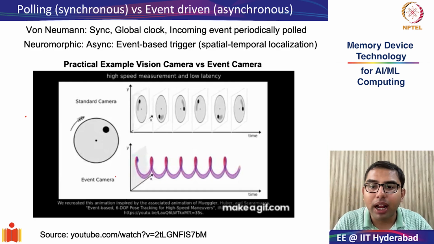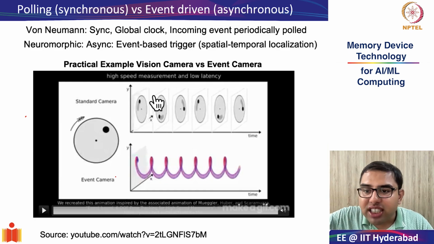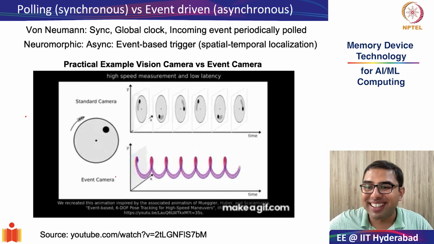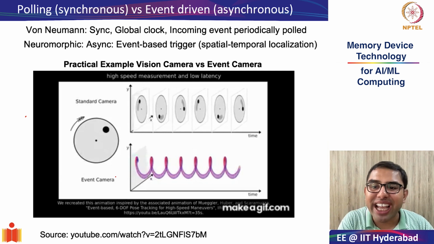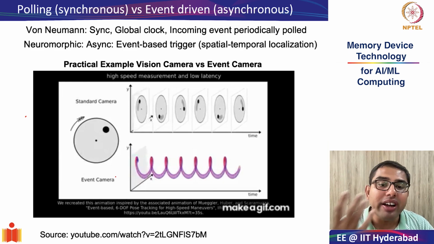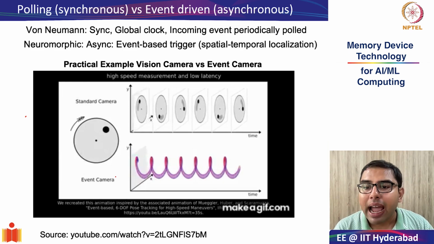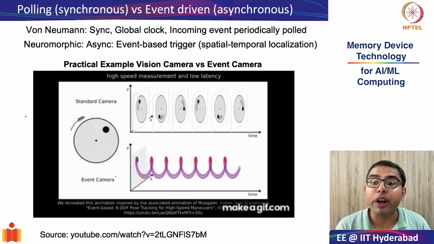While a normal camera will capture a series of frames continuously at a fixed rate, even when very little change is happening in the scene. That will lead to a lot of redundant data which is collected and a lot of energy that will be spent in processing the frames, which is containing mostly static information.